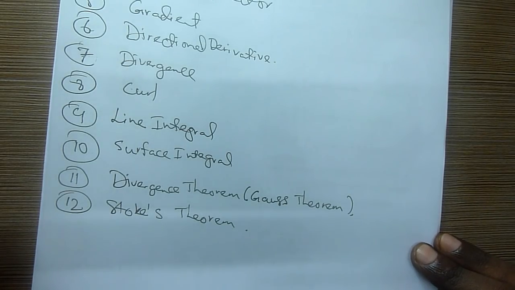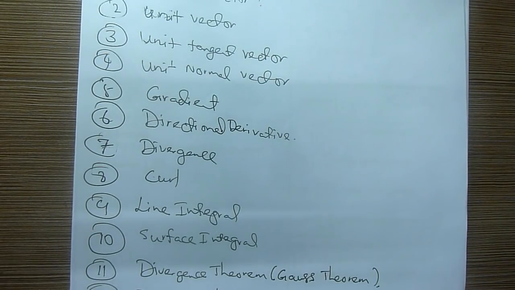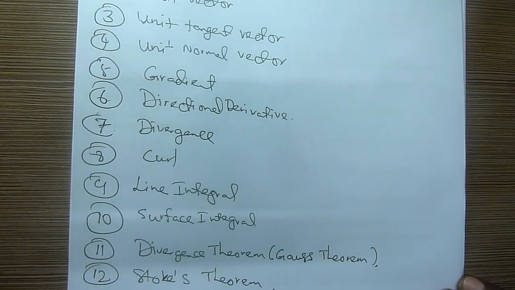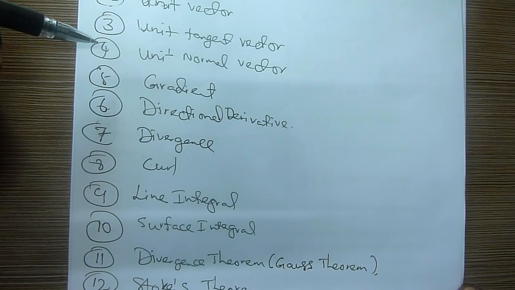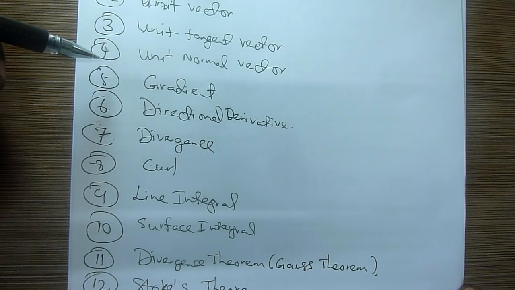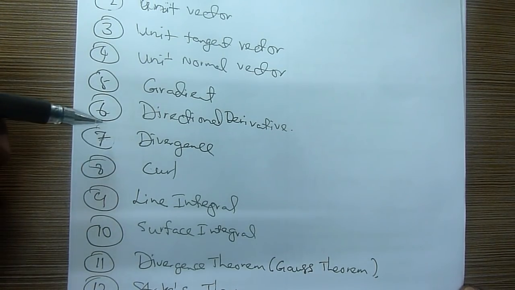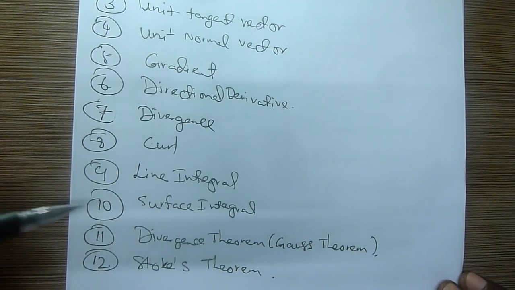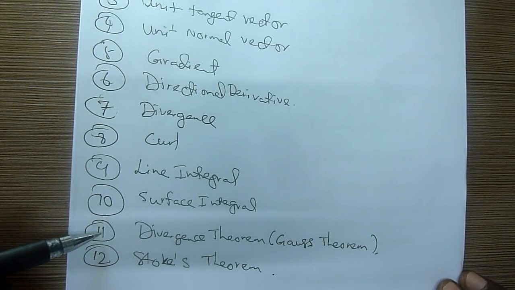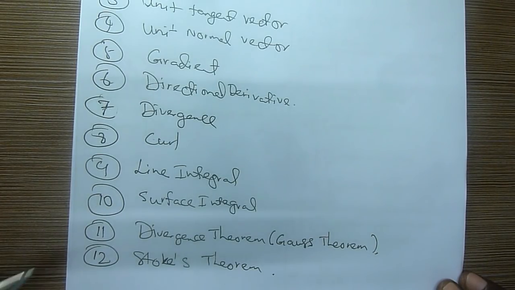Okay, these are the coverage of these 5-week lectures for the vector topic. What is vector? Unit vector, unit tangent vector, unit normal vector, gradient, directional derivative, divergence, curl, line integral, surface integral, divergence theorem, which is Gauss theorem, and Stokes theorem.